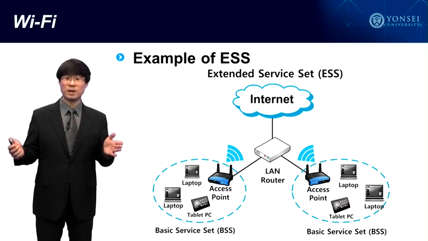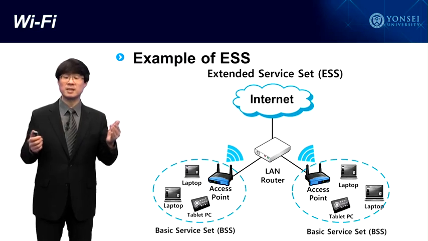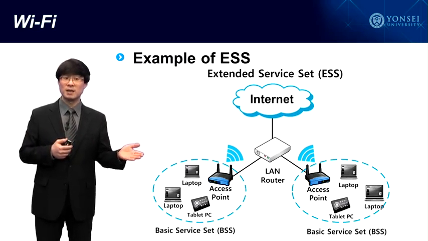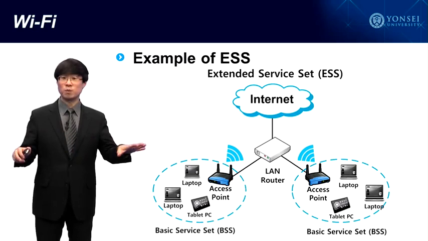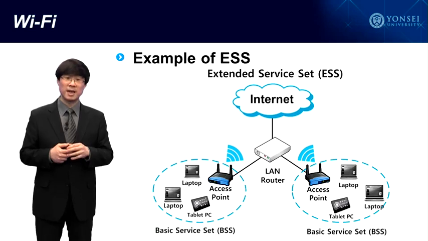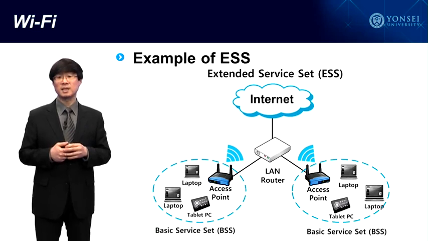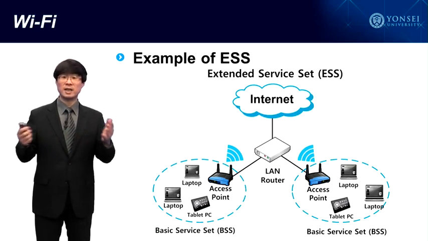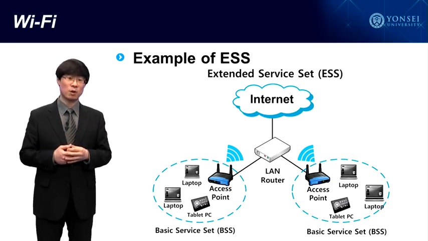Each of these Wi-Fi access points creates a BSS on its own. As you can see, these are two different BSSs, but they're connected together through the LAN router. This is an example of an extended service set, and basically you can get extended ranges and connectivity by making a network in this format.